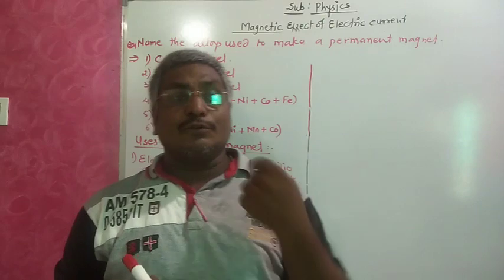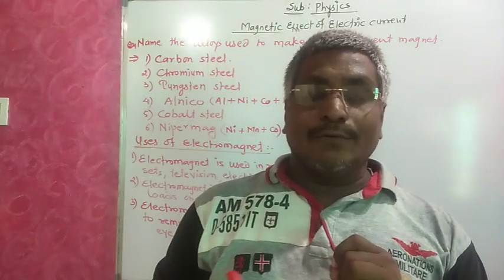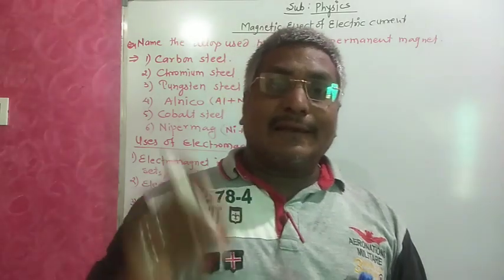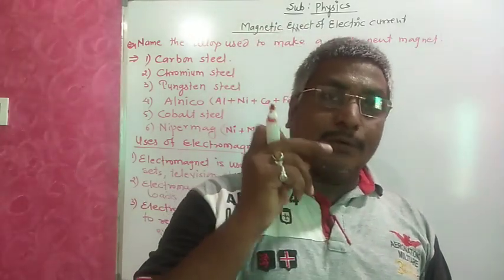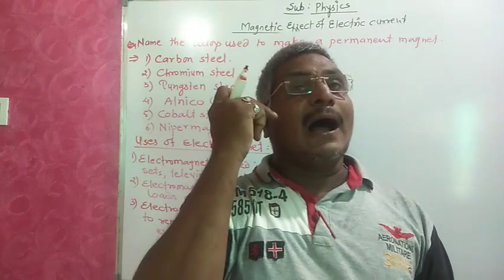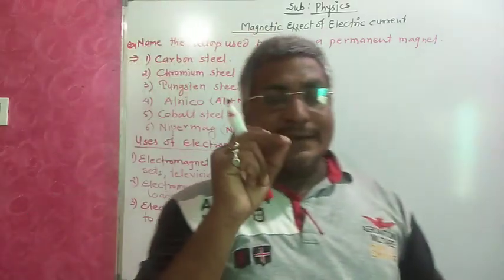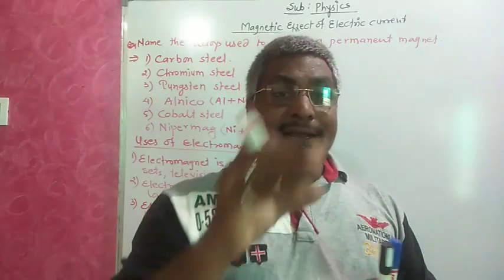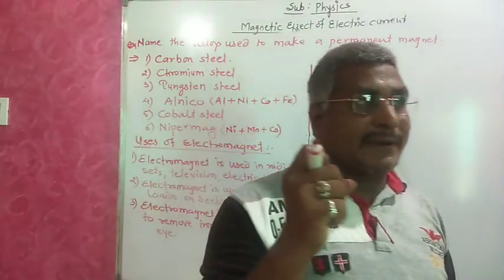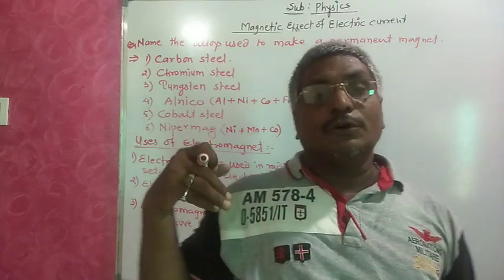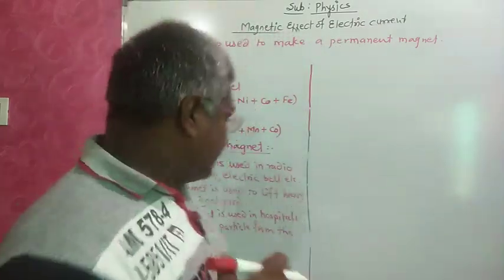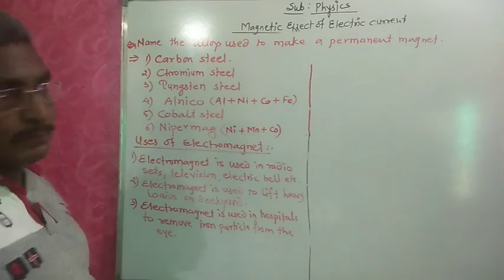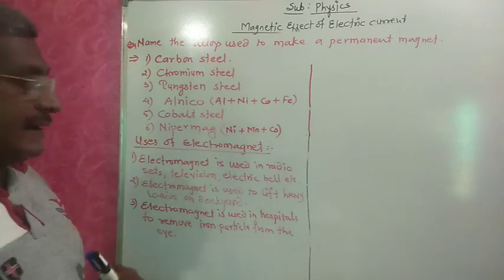It is difficult to remove. So how is it removed? In the eye hospital there is an electromagnet. They move that electromagnet near the eye, so the iron particles are attracted towards the electromagnet and come out from the eye. In this way we separate the iron particles from the eye by using electromagnet.